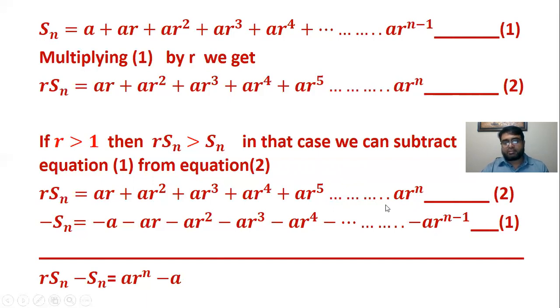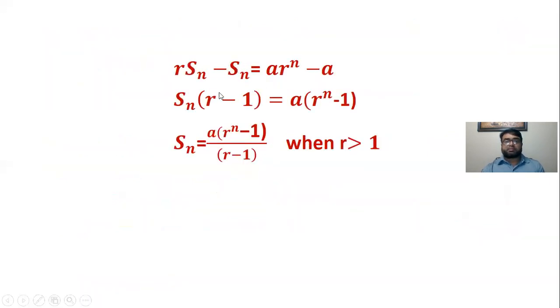What do we get here? ar to the power n and here negative a. This is what we ultimately get, because the rest of the terms are cancelled out. So rSn minus Sn is equal to ar to the power n minus a. If we take Sn common here and a common here, we ultimately get this. This is the algebraic part, so you should understand. And it is when r is more than 1.